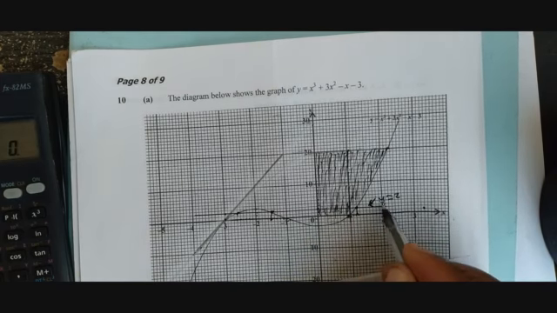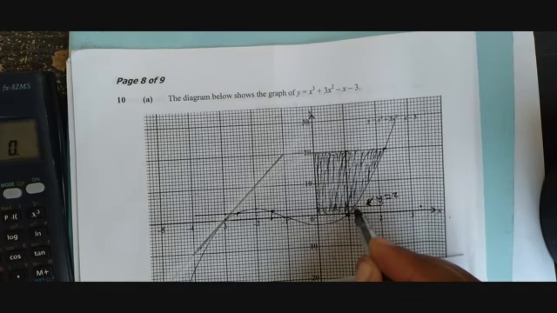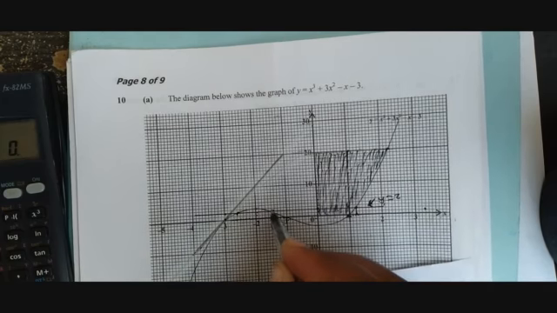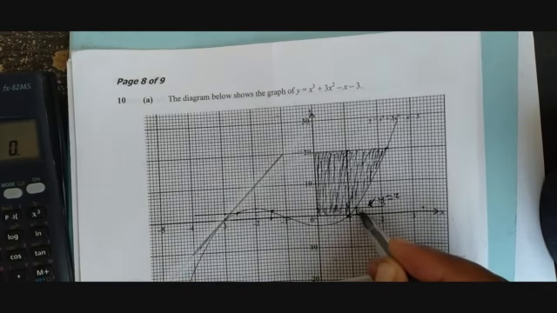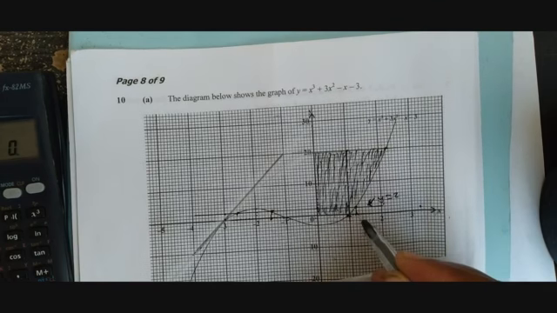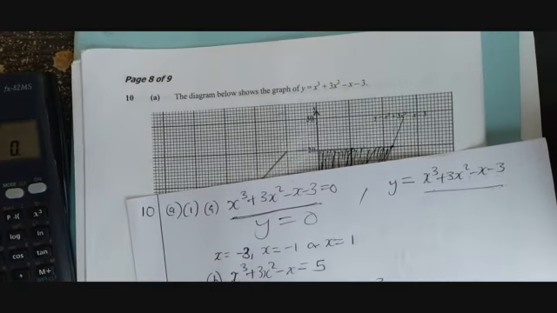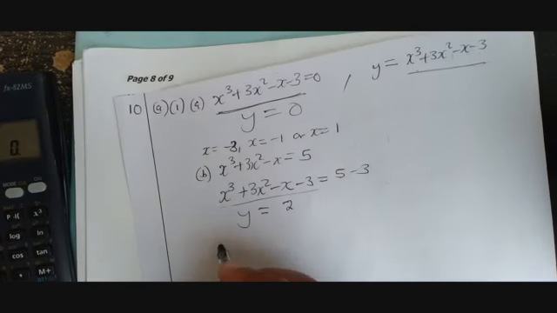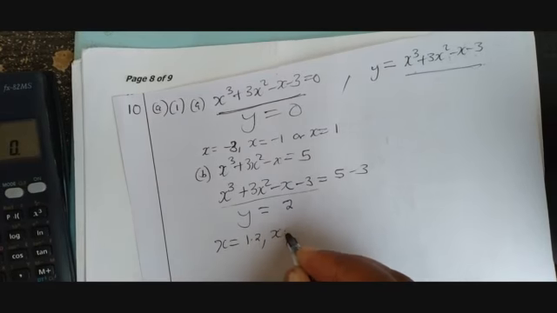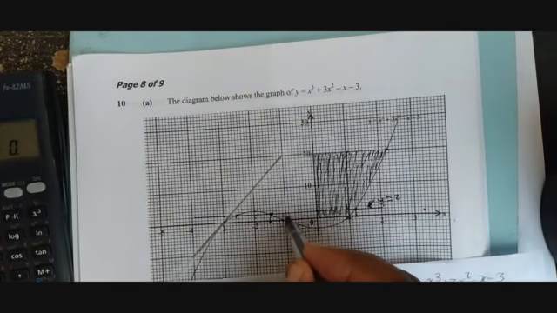So now, where this line that you have drawn, the y is equal to 2, will meet the curve or the graph at this point, and that point. At this point, you come down here and say, what's the value of x? This is 1, 1.1, 1.2. All right, so you say x is equal to 1.2. Then we get another value. When you check this line, I'm meeting the graph here.